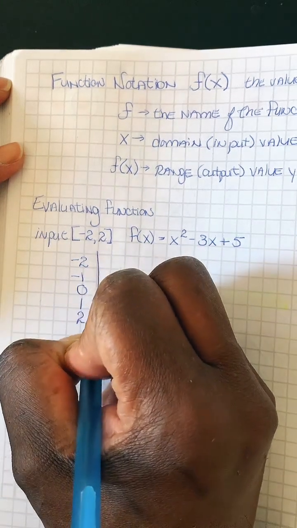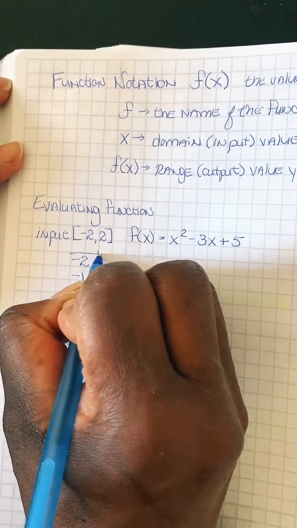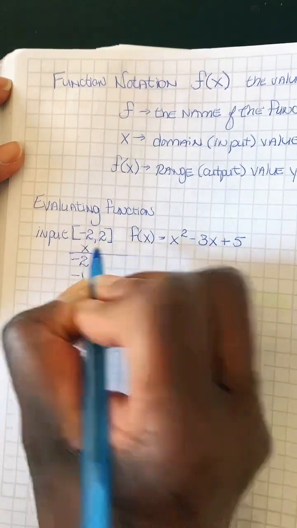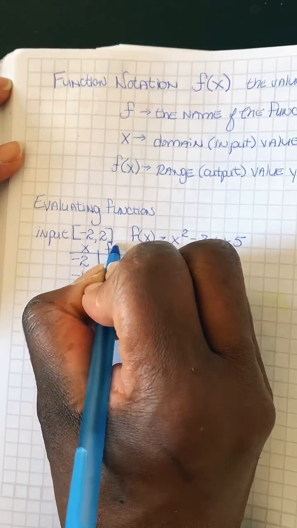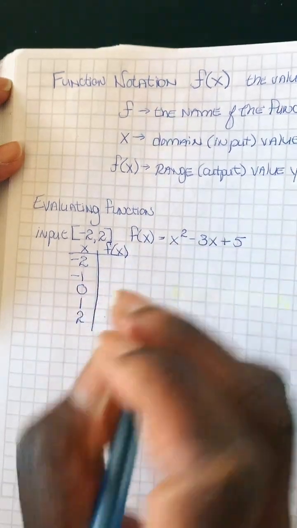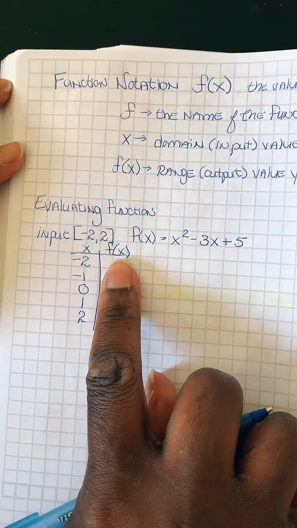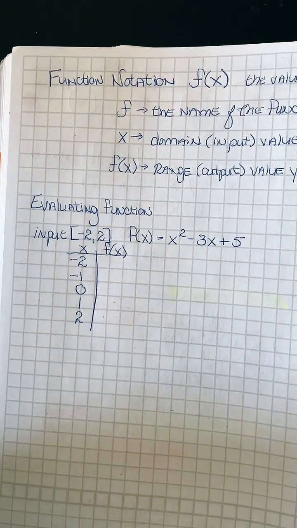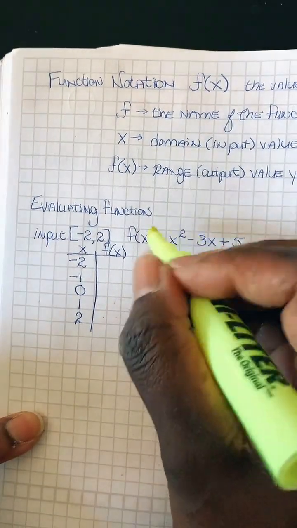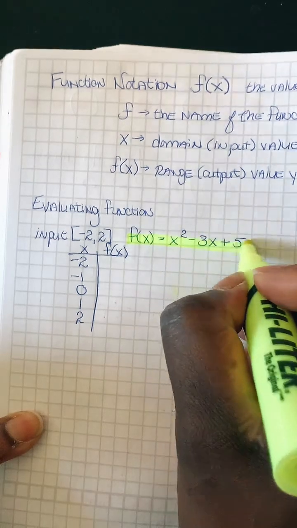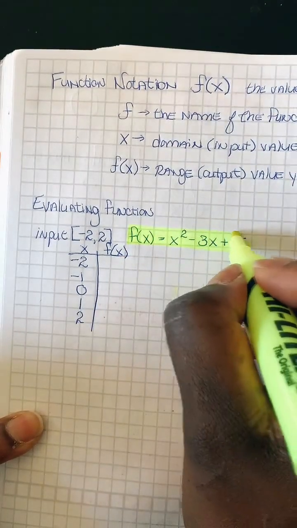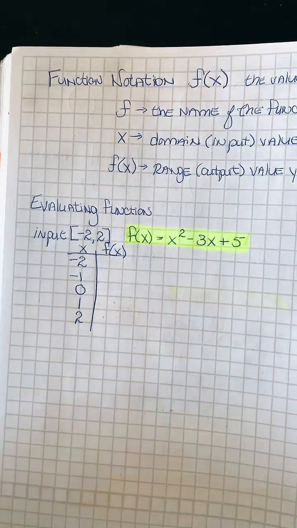These are going to be my x values. I need to figure out what my y values, or my range, will be. And it's all going to be based on this equation: f of x equals x squared minus 3x plus 5.